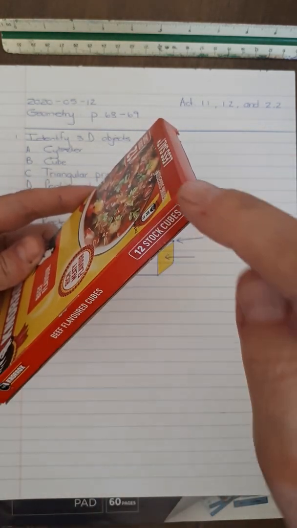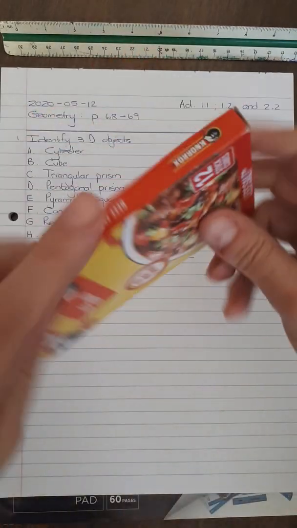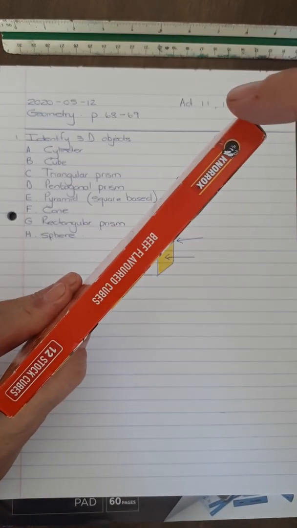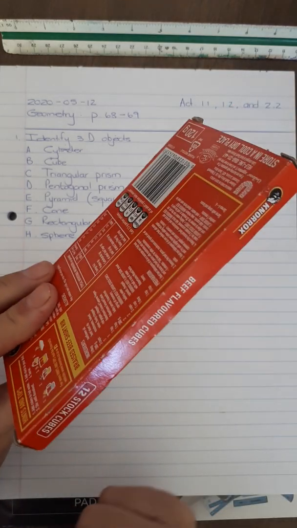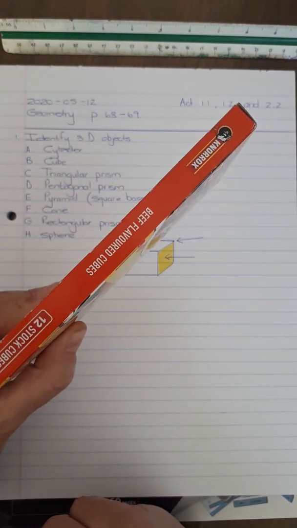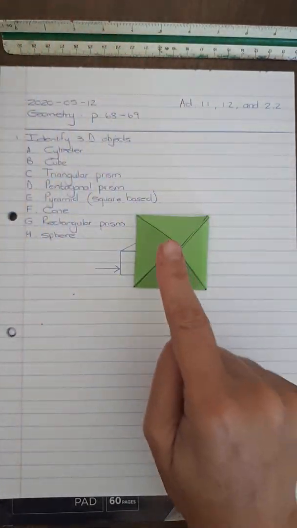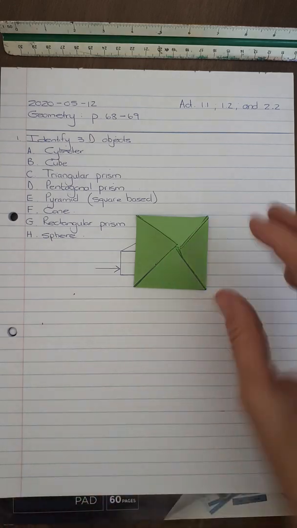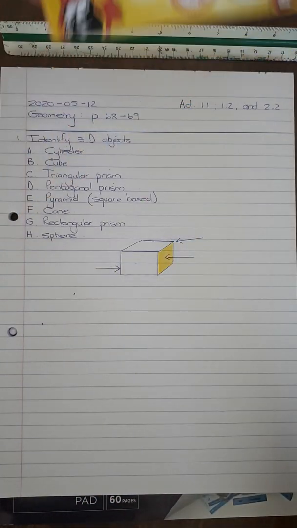Let me just show you all the sharp edges. 1, 2, 3, 4. And then on the other side also 5, 6, 7, 8. So I have 8 vertices on a rectangular prism. So I call this a prism. But when I have a sharp vertex at the top, I call it a pyramid. Okay, so let's move on.